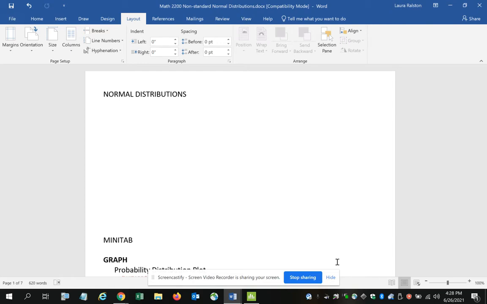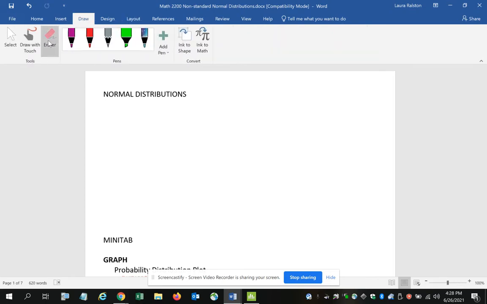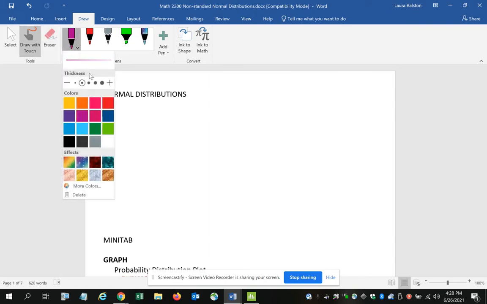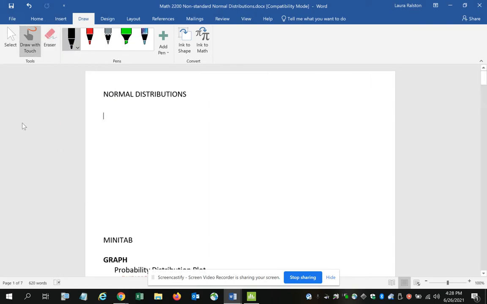When you're working with a normal distribution, whether you're doing problems where you're asked to find the probability or problems that ask you to find a particular X value or a cutoff score, you have to know three things. The first thing you have to know in order to work a normal distribution problem is that you are dealing with a normal distribution.